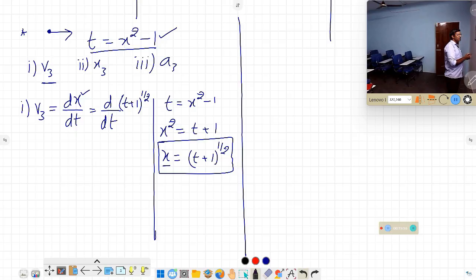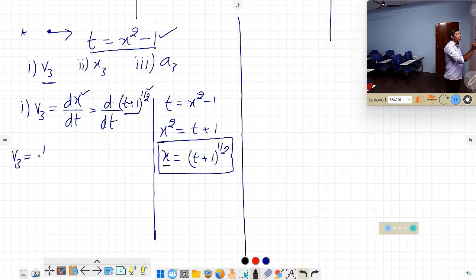Now we have to differentiate this one. That is the only task here in the main questions. Whatever way the differential functions are given, we have to solve it. So v3 is equal to d by dt of this, which is in the form of d by dx of x power n formula. In the place of x, we have t plus 1. In the place of n, we have 1 by 2. The formula is n into x power n minus 1.